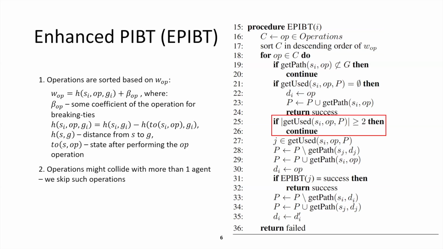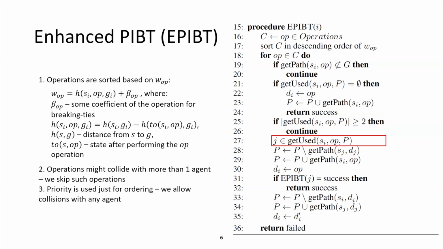The second difference is that when we have multiple forward actions, when we occupy multiple cells, we may collide with more than one agent. And it's hard to run this recursive PIBT procedure. It might be time consuming, so we just skip the operations that have collisions with more than one agent.